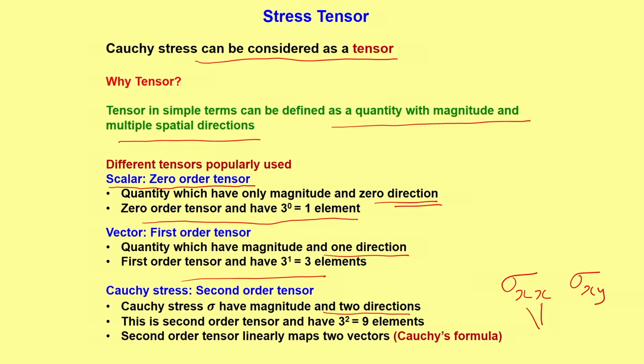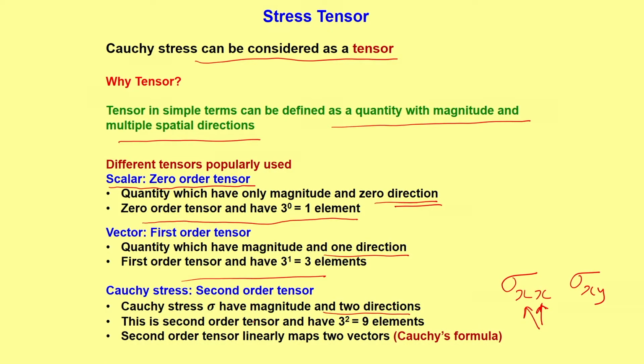So, there are 2 symbols associated, and that is why it is always associated with 2 directions. It is associated with the plane on which it acts, that means the normal to that particular plane. It also depends on which direction that particular traction acts. We will discuss that a bit later.